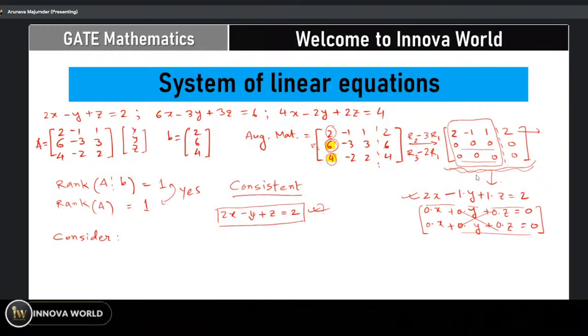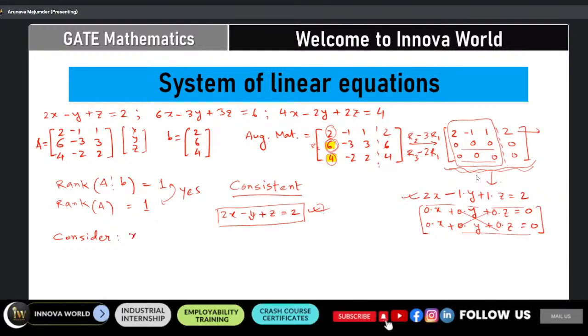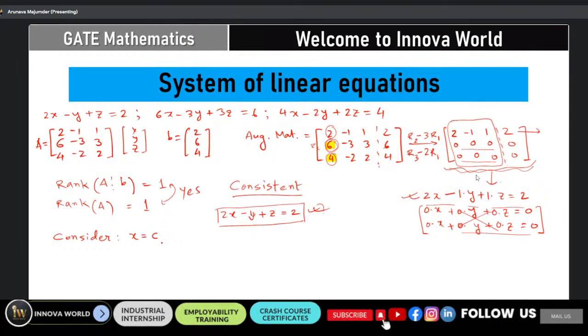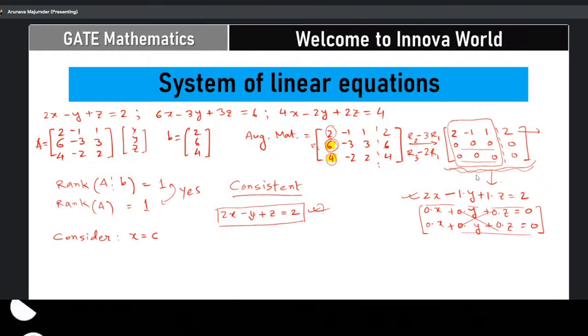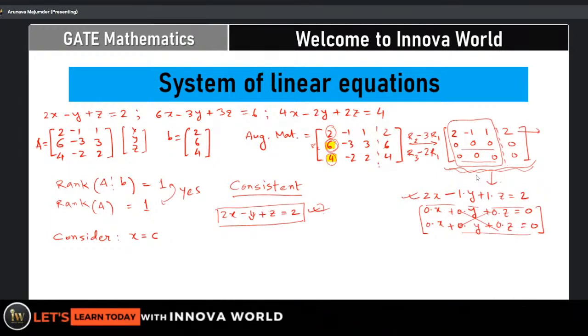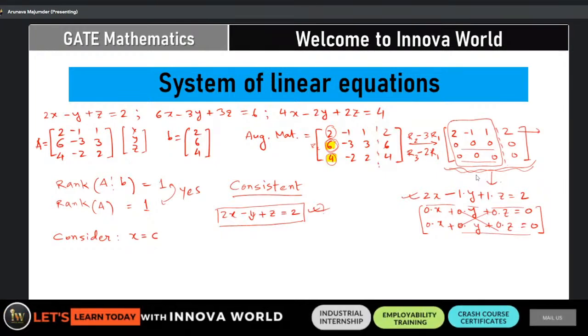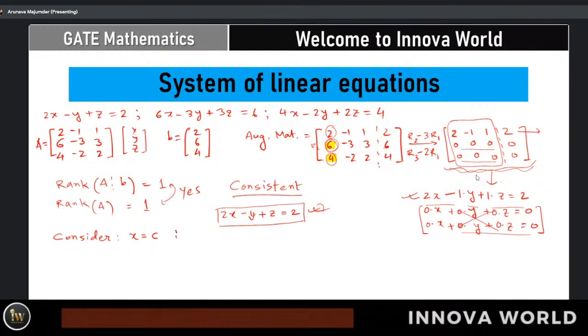First, let us consider x equal to c. c is any real number and it is a constant. Constant means it can be varied; you can vary it according to yourself. This is a solution.